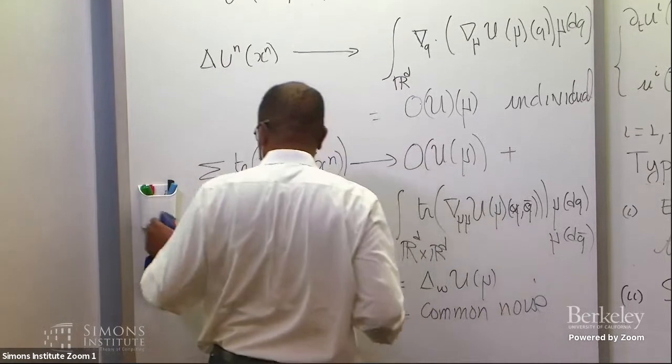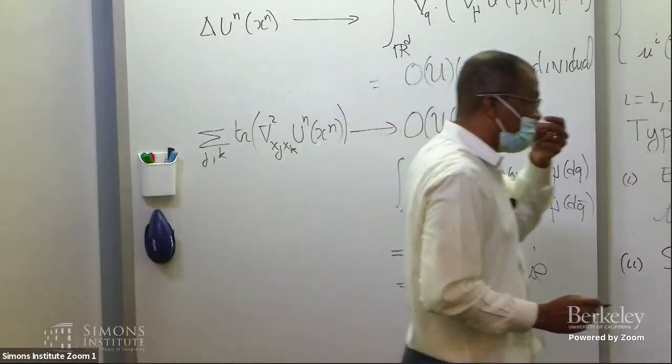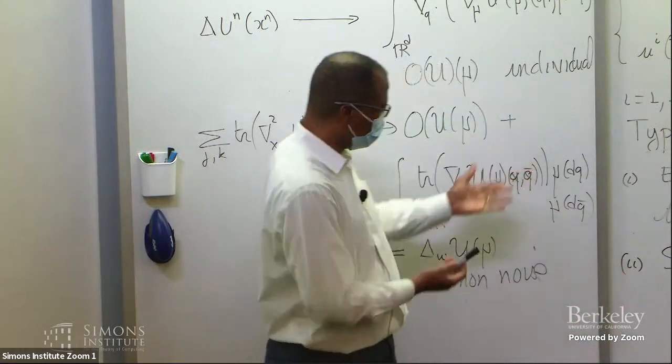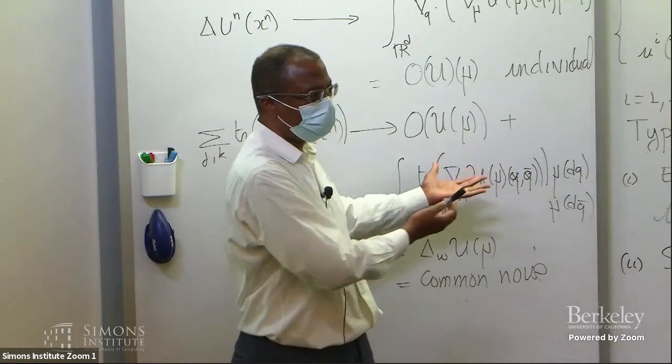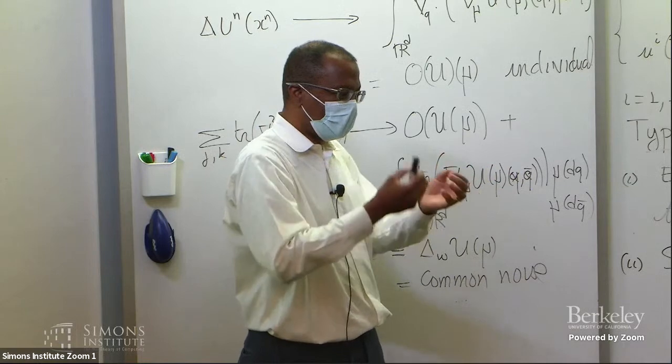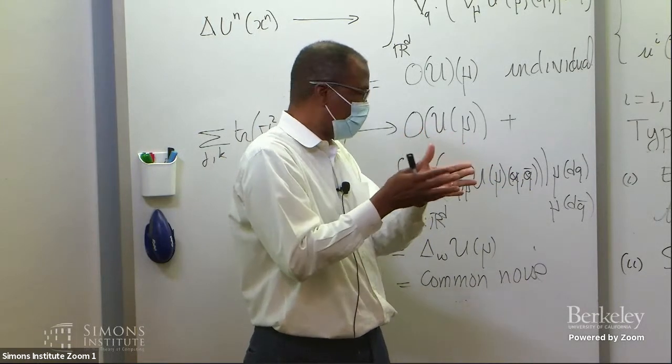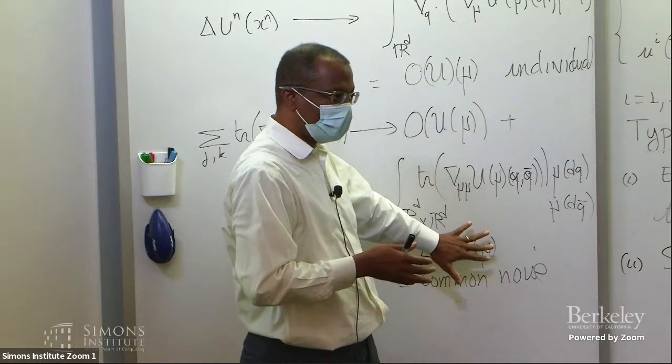This is a geometric object because you can show that if you take this bilinear form and you apply it to the constant vectors, the constant basis, then you get this.